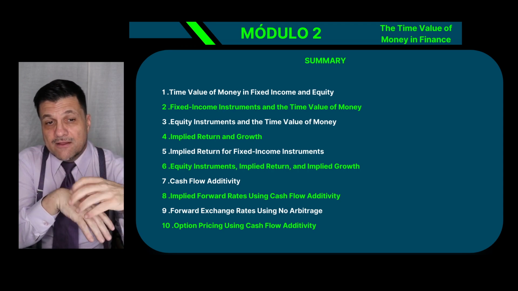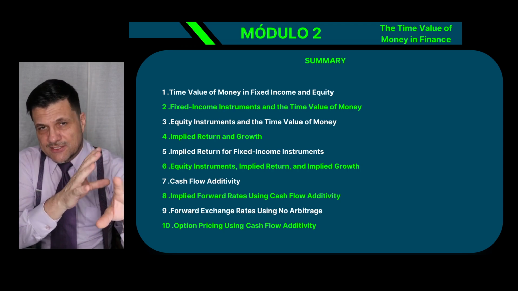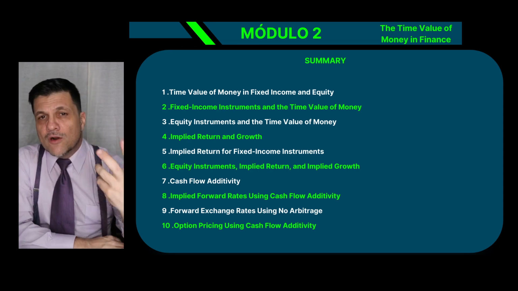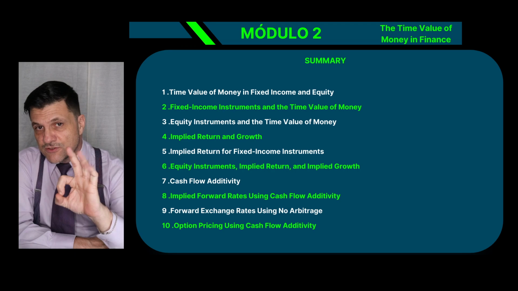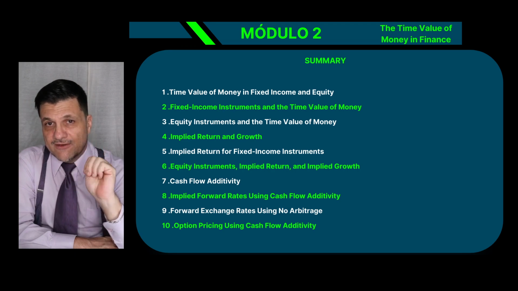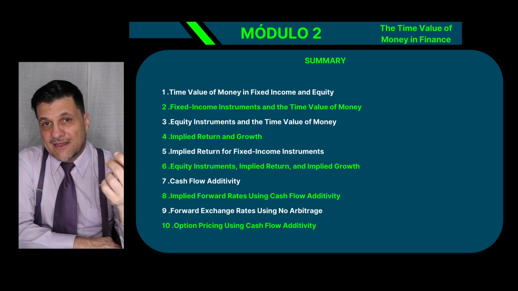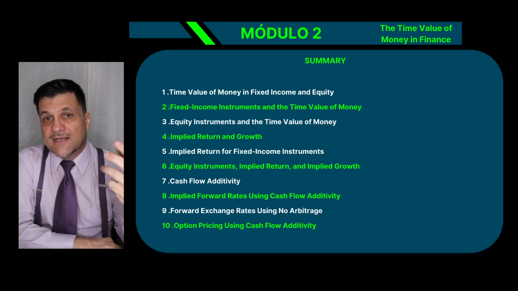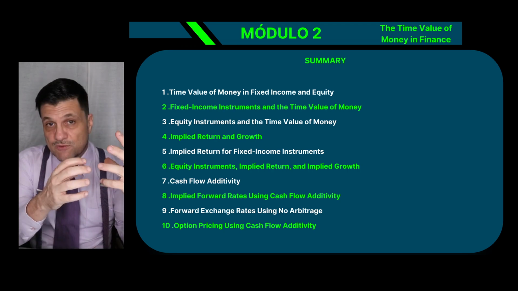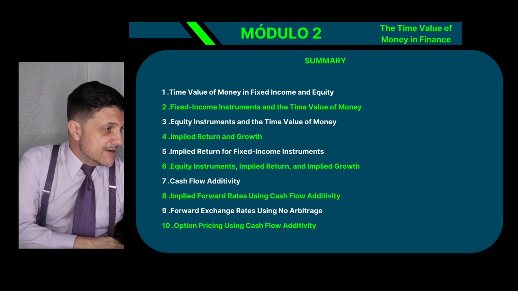Now, except for fixed income instruments that we're going to talk about later, normally a TVM problem needs just 3 variables to find the fourth. Meaning if I have the interest rate, the present value, and the time, I can get the future value. If I have the present value, the future value, and the interest rate, I can find the time, and so on and so forth. That's what we're talking about here.